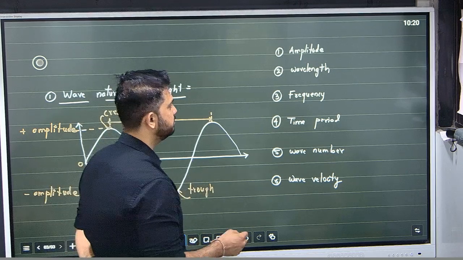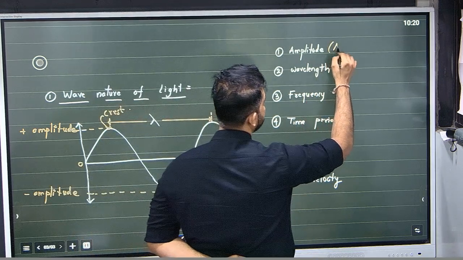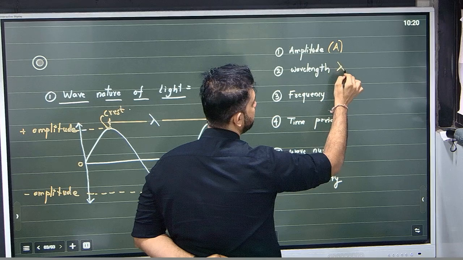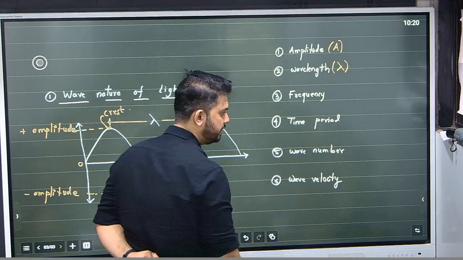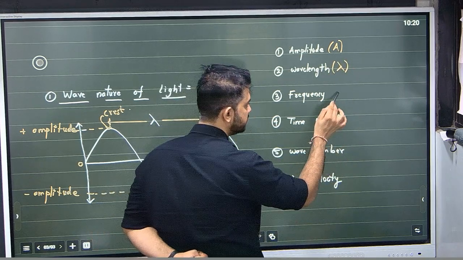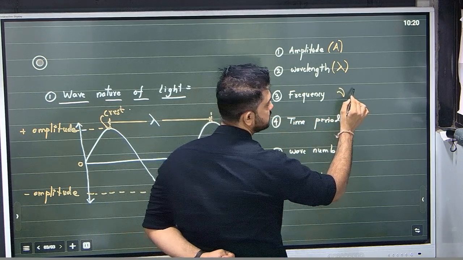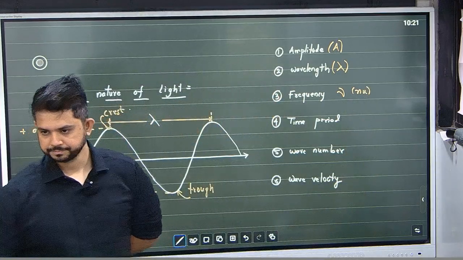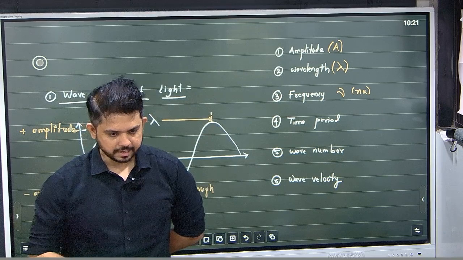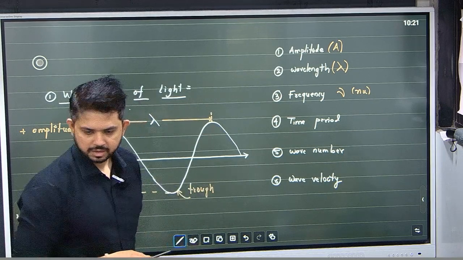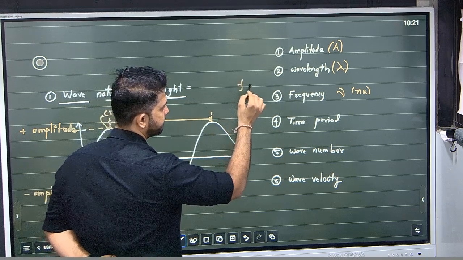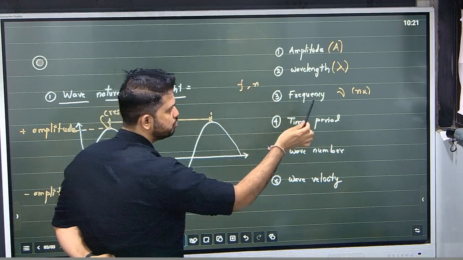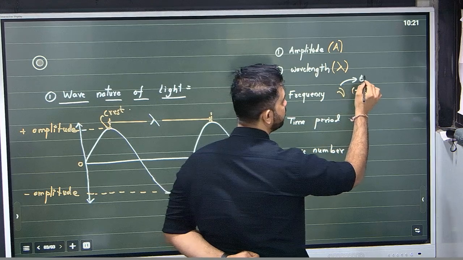What is the symbol for amplitude? Just use A. Symbol for wavelength, people? Lambda. For frequency we'll be using nu. There are various other symbols. Till 10th standard, what symbol did we learn for frequency? I think F, N. The reason we're using nu is because we'll be dealing with electromagnetic radiation.